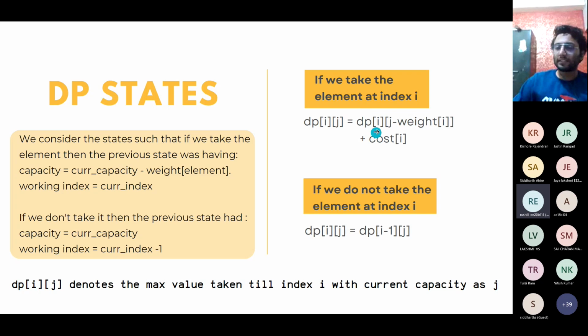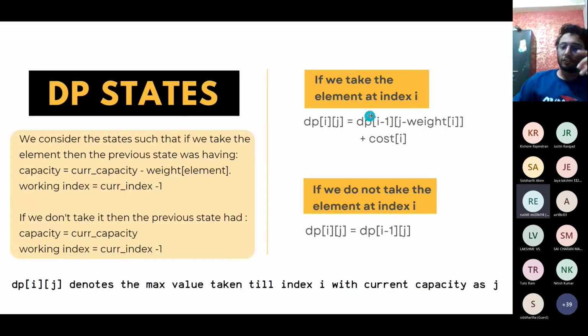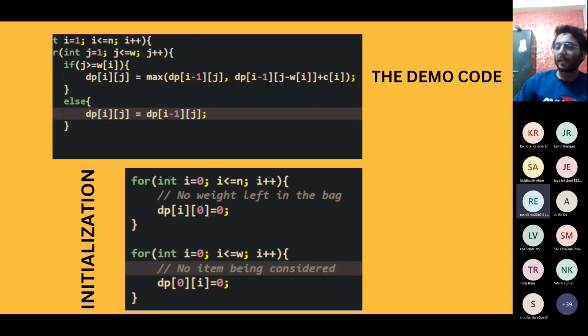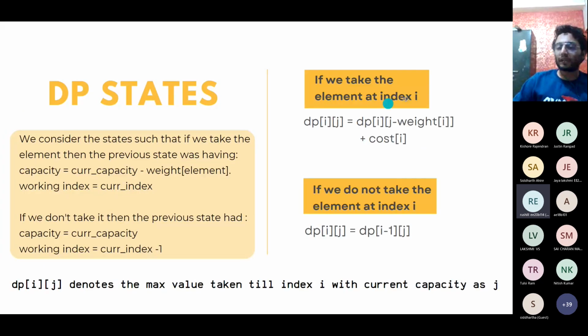But since I can still choose the ith item again, I do not transition to a DP state of i minus 1. In the previous problem, if I was choosing the ith item, I was transitioning to a DP state of i minus 1, j minus weight of i. But in this case, since I can still choose the ith item again, I transition to a state of DP of i comma j minus weight of i.